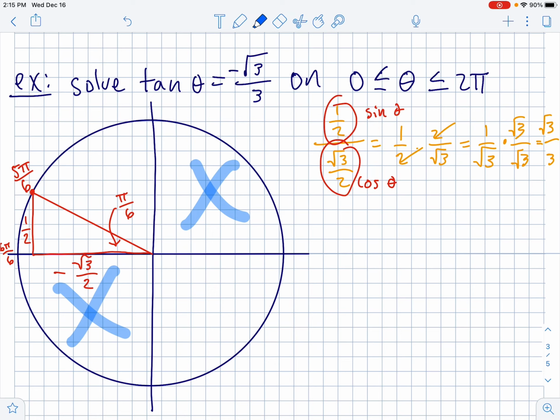Now, here's the trick with tangent, is that the slope here is going to be the exact same if you continue it all the way through to quadrant 4. So the other triangle would be this one. Where this is a reference angle of pi over 6. So we could say that that angle is negative pi over 6 because it went this direction, but the directions say that it has to be between 0 and 2 pi.